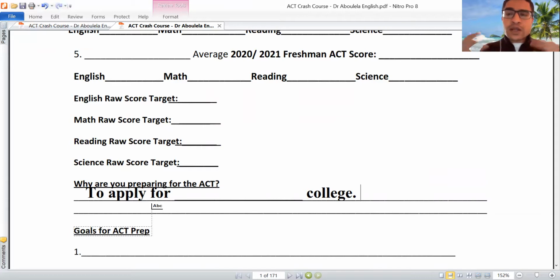Because once you set a goal, you know exactly the required score for the college you want to apply to. You will decide the best methods for learning, and you will try to do your best. You will have this purpose because, as Stephen Covey said, always begin with the end in mind.